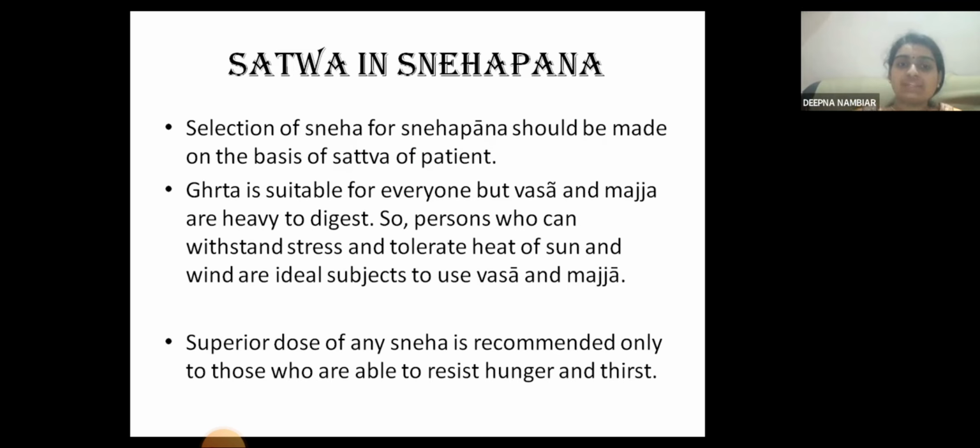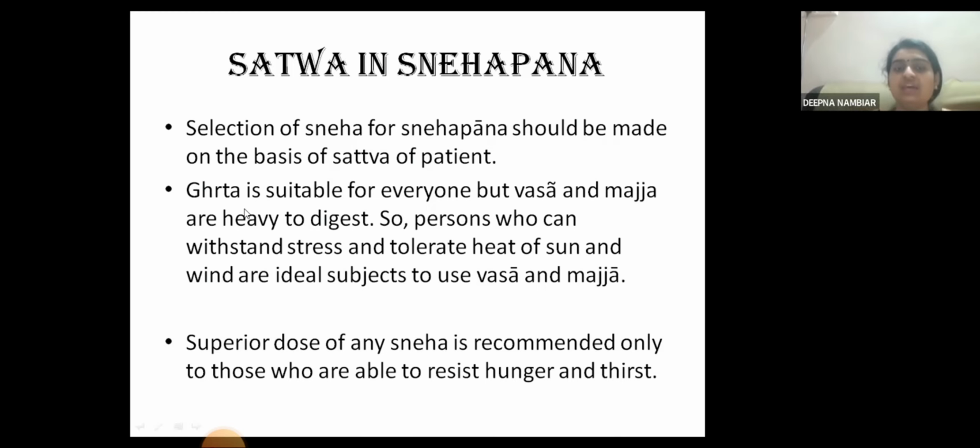So the Sattva, the mental willpower or mental strength of the patient, is important, and the selection of sneha will be different. For these patients, we cannot go for Achha sneha; we have to give a Sadyah sneha or a Vicharana sneha. The treatment modalities differ on the basis of Sattva analysis.